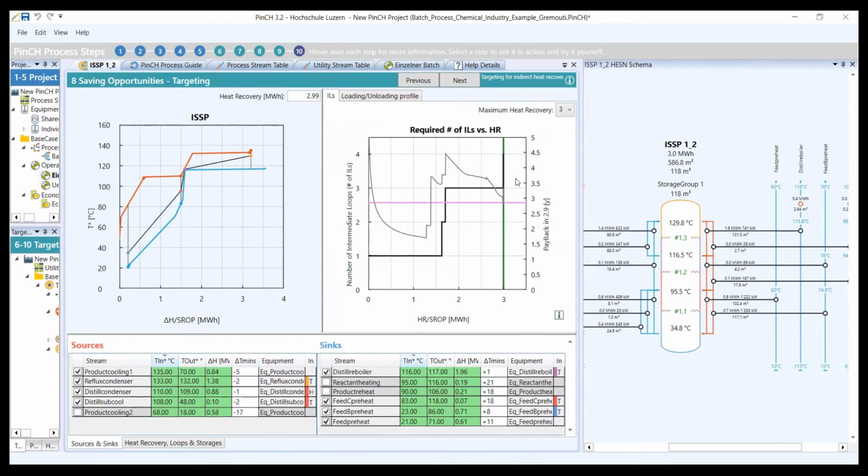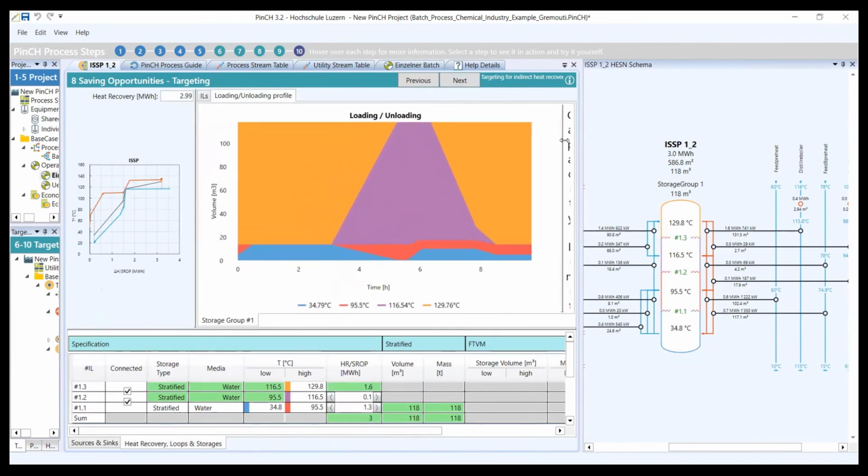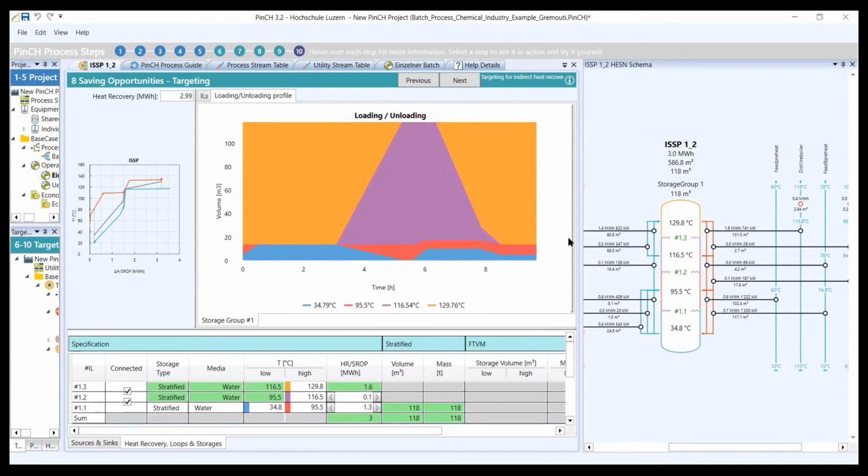Now in this graph, we have a very simple payback calculation. How is that calculated? We can now go to another series of graphs, and we can see here where the time slice model is now bound to the indirect source sink profile, which is plotting temperature versus the energy content of those streams.